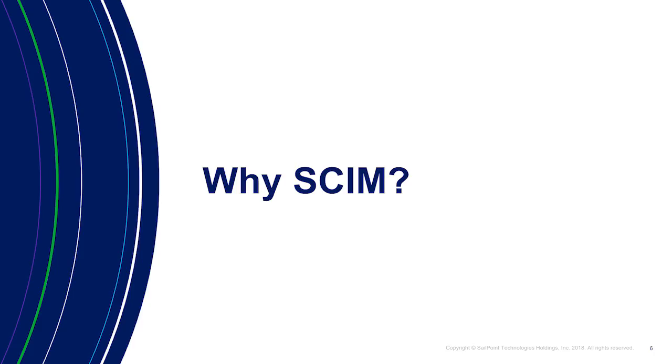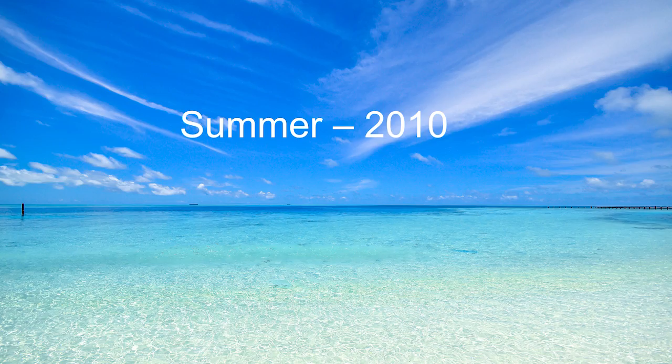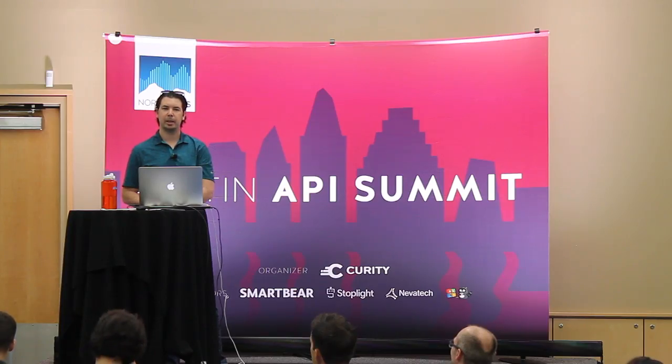But why did we create this? It all started like 8 years ago. In the summer of 2010, this was the very first Cloud Identity Summit, which is another cool conference. And it was a hot summer in Austin, so luckily this conference was actually up in the mountains in Colorado, which was a little bit cooler and nicer.